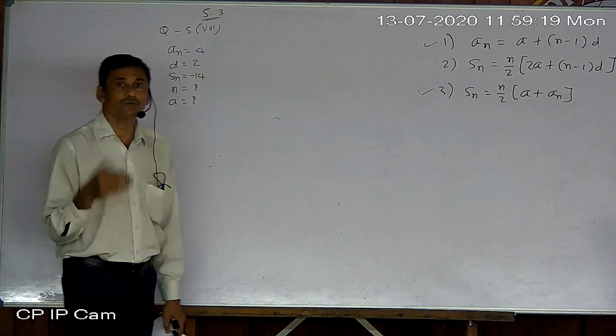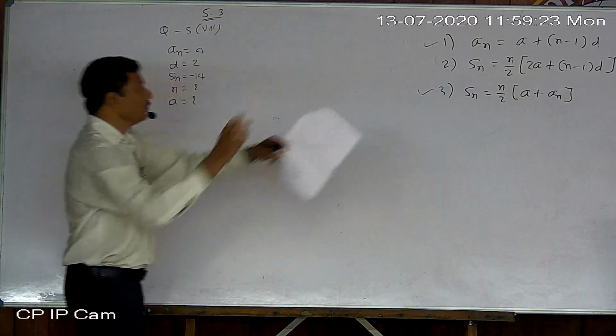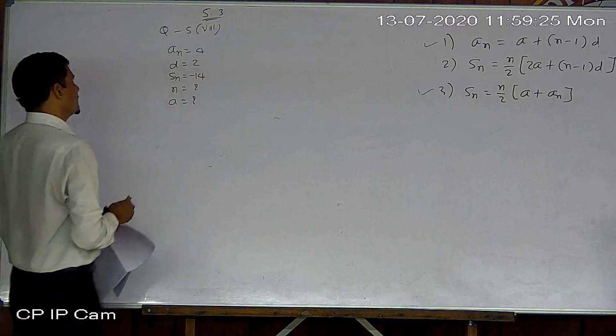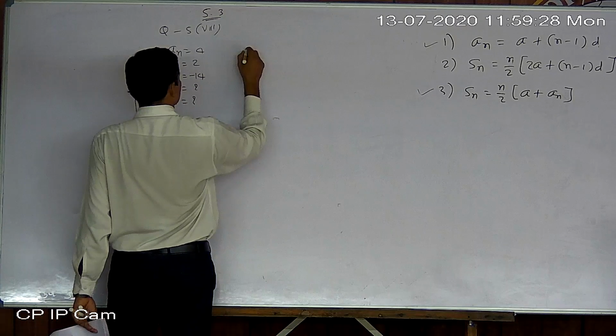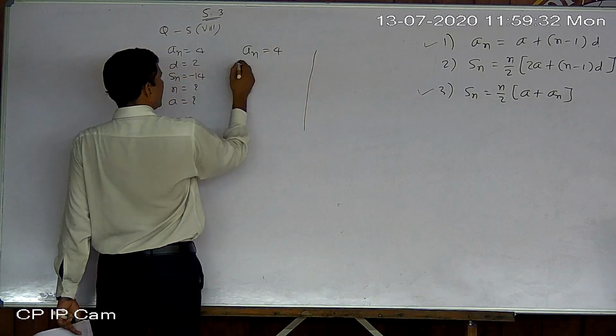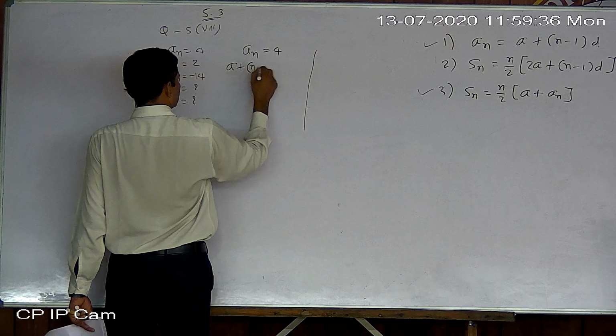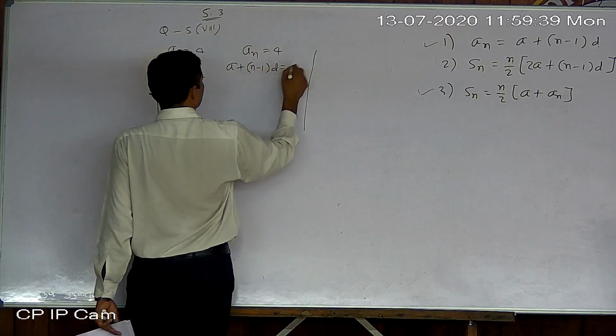So obviously what will we have? Two equations, just to solve both equations. Okay. So now we start first with the first equation. a_n equal to 4. So write down here, a_n equal to 4 means a plus n minus 1 d equal to 4.